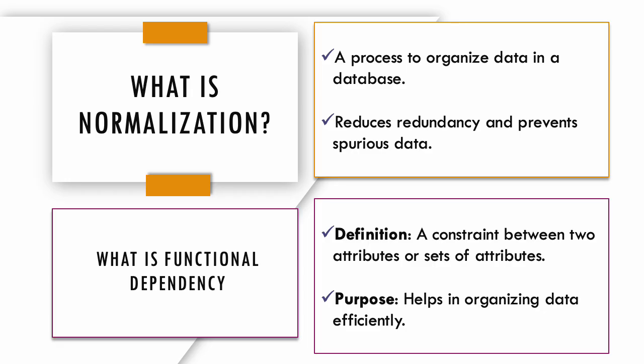So to sum up, normalization is the process of organizing data in a database to reduce redundancy and avoid errors, ensuring the data is stored in the most logical way. Meanwhile, functional dependency describes the relationship between attributes and helps in organizing data more efficiently by identifying how one attribute depends on another.